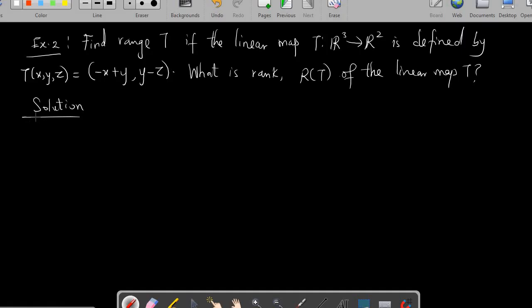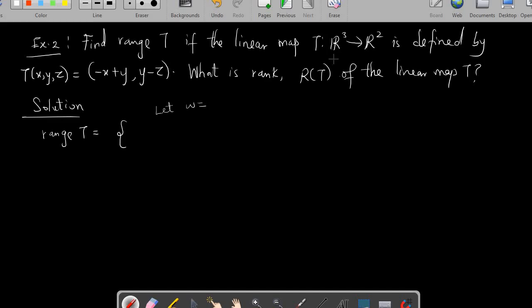The first thing first you want to do is define your range. Don't forget the range of your linear map T is actually equal to, now let's not generalize because of time, let's just move straight to the point. In this question, first thing first, you let w to be equal to what?